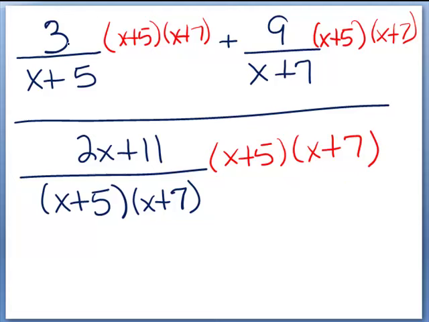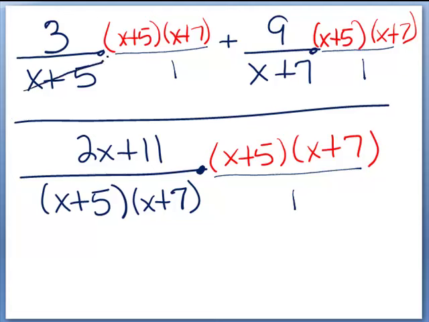Now let's look at it. 3 over x plus 5, we're multiplying this by the LCD. We can put it over 1 if you want to see that. Understand that this is multiplication. But we want the denominator of the original fraction to divide into the LCD.